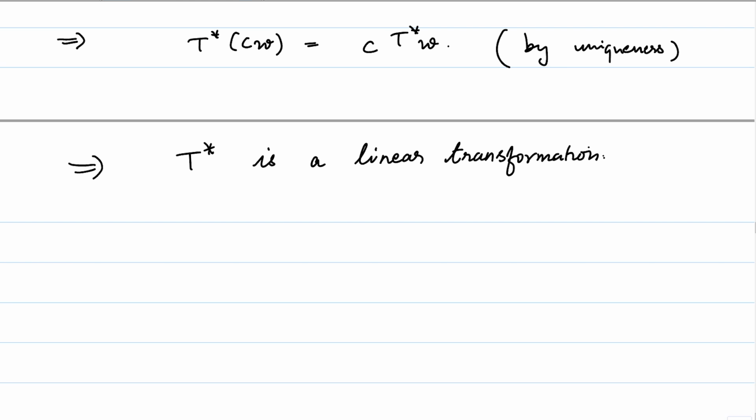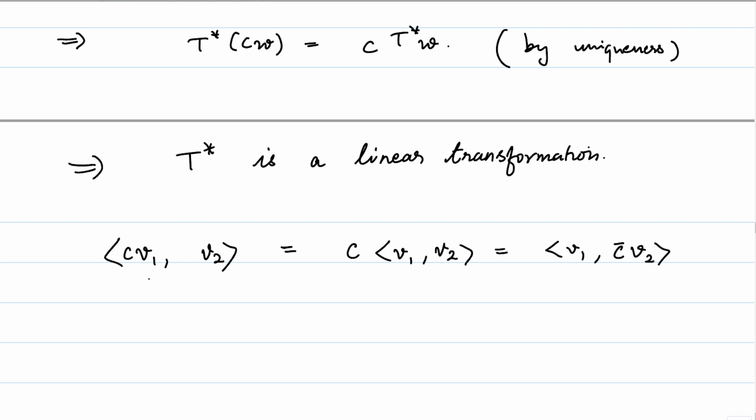The right notion to think of is this: let me start with the inner product of C V1 with V2. This will be C times the inner product of V1 and V2, and this is going to be the inner product of V1 with C bar V2. So C is becoming C bar when it is going to the other coordinate in the inner product.